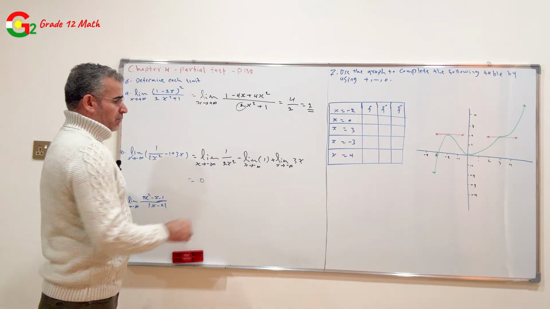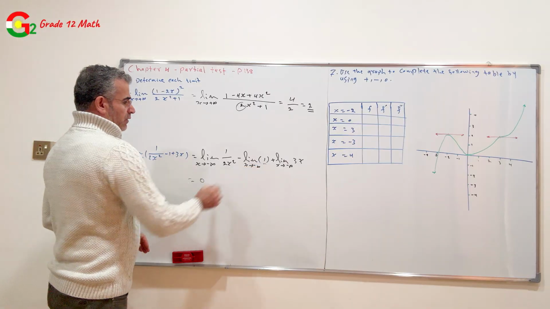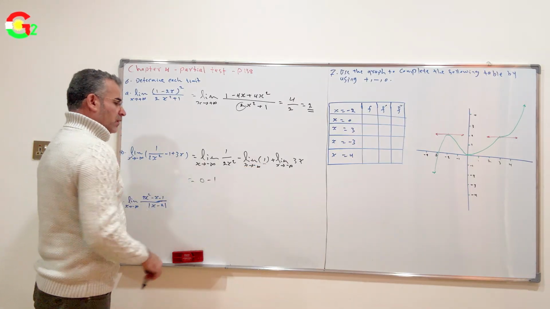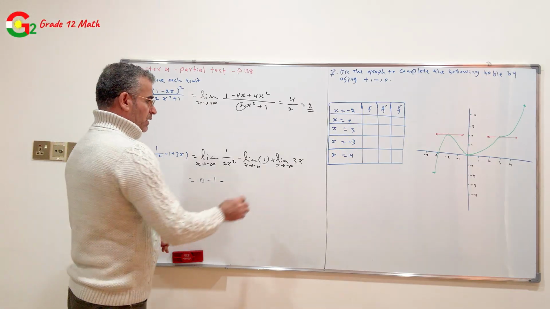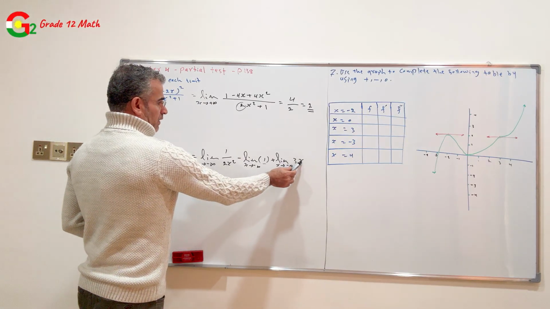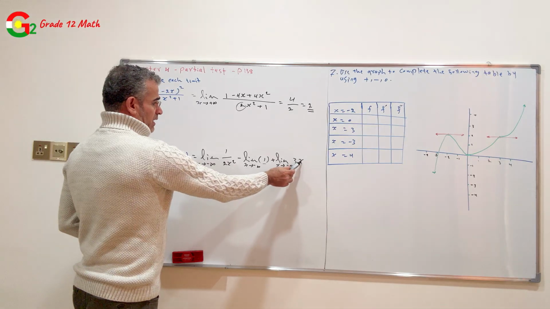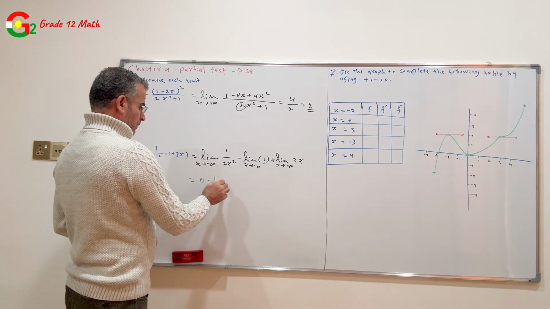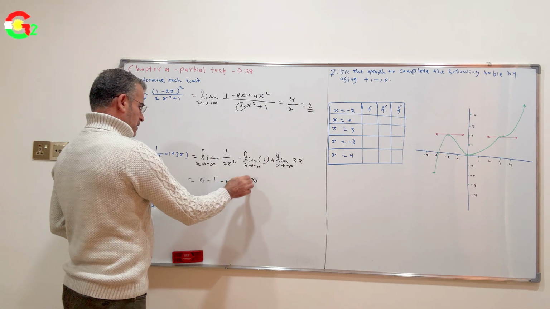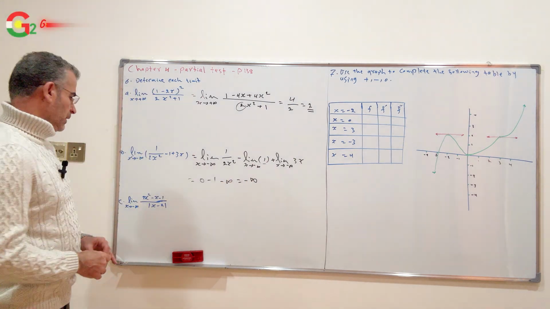The second term is the limit of a constant, therefore the value of the constant. For the third term, substitute x with negative infinity. 3 times negative infinity is negative infinity. Therefore, the answer is negative infinity.